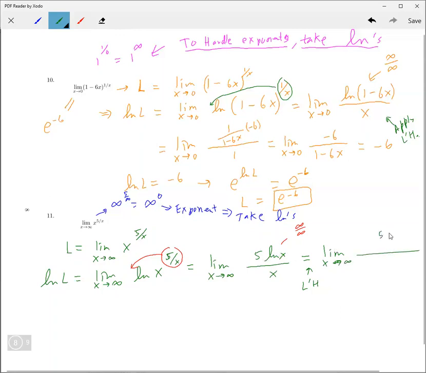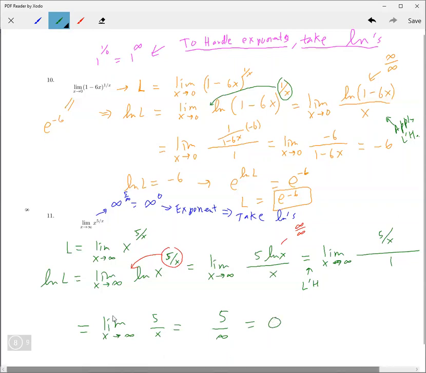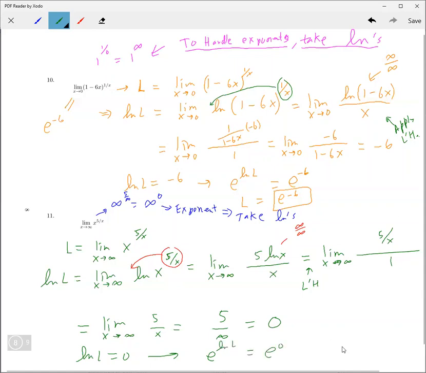Derivative of 5 log x is 5 over x. Derivative of x is 1. And so this all goes to 5 over x. So you basically have 5 over infinity, which means it's going to be 0. But you have to remember that that's the natural logarithm of the limit. So the limit is actually e to the 0, which is 1.